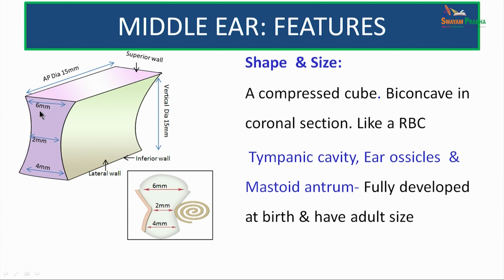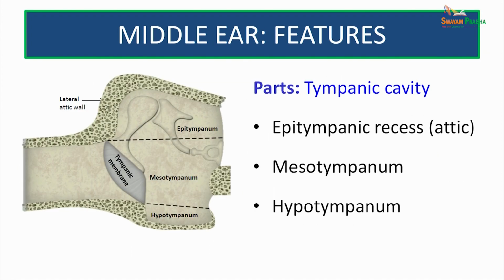Even looking at the anterior to the posterior wall, the anterior wall is slightly larger when compared to the posterior wall, which is more narrow. The tympanic cavity, ear ossicles and mastoid antrum are fully developed at birth and have the adult size. What are the different parts of the tympanic cavity?